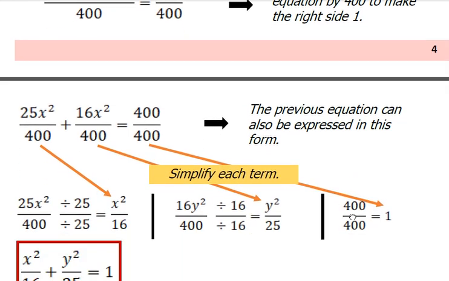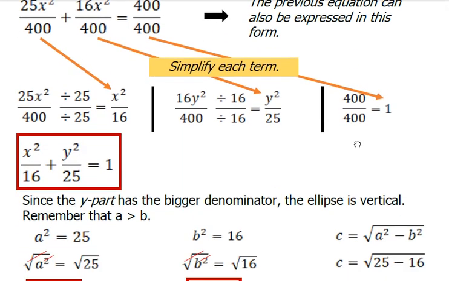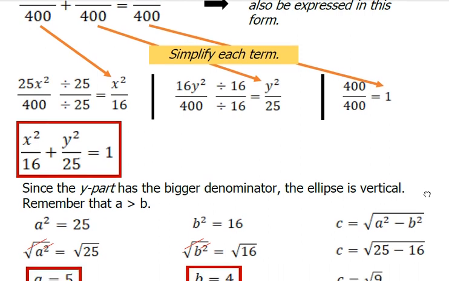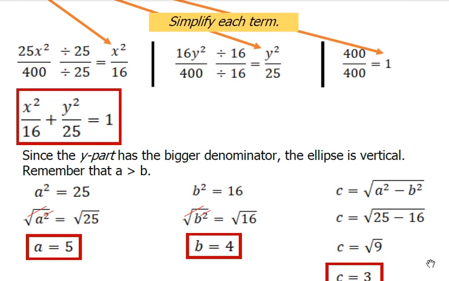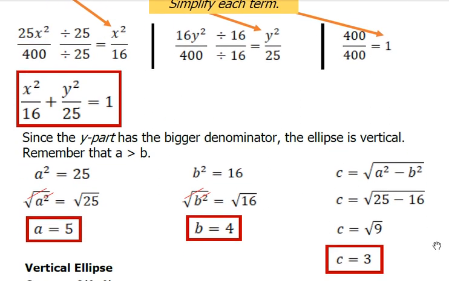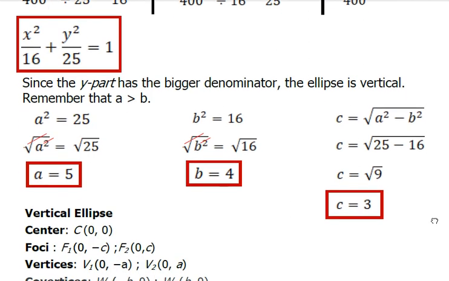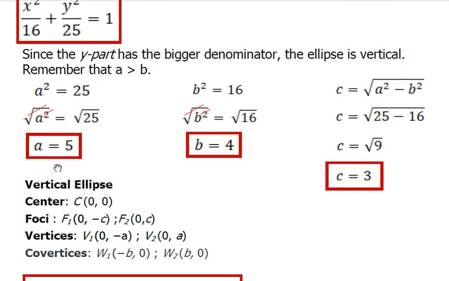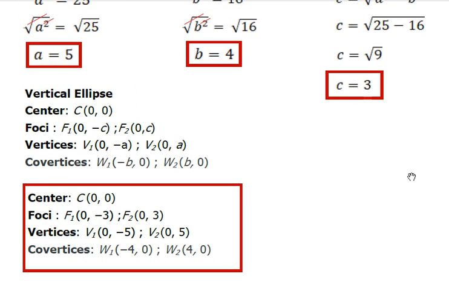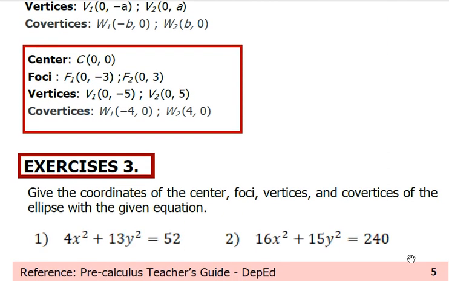It's a little bit long process here, so I'm just showing you the components of a vertical ellipse and the parts of the ellipse, the center, the foci, the vertices and the co-vertices of the given ellipse in example 3. Moving on to exercise number 3.